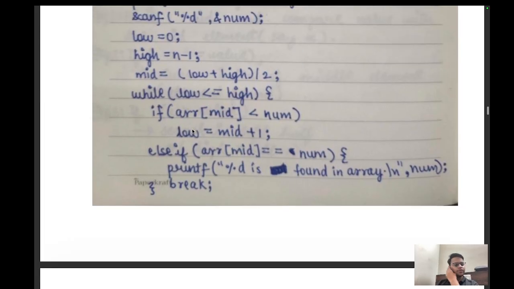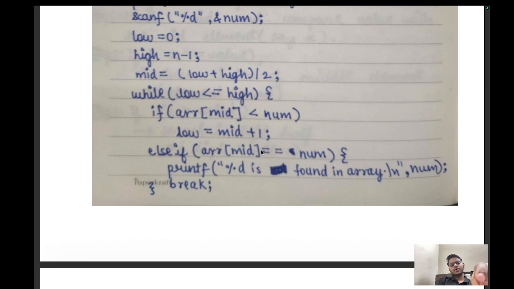And this is the while condition: while low is less than or equal to high. It is very obvious that this condition would always be true in the initial stages, and you will go into your if statement.